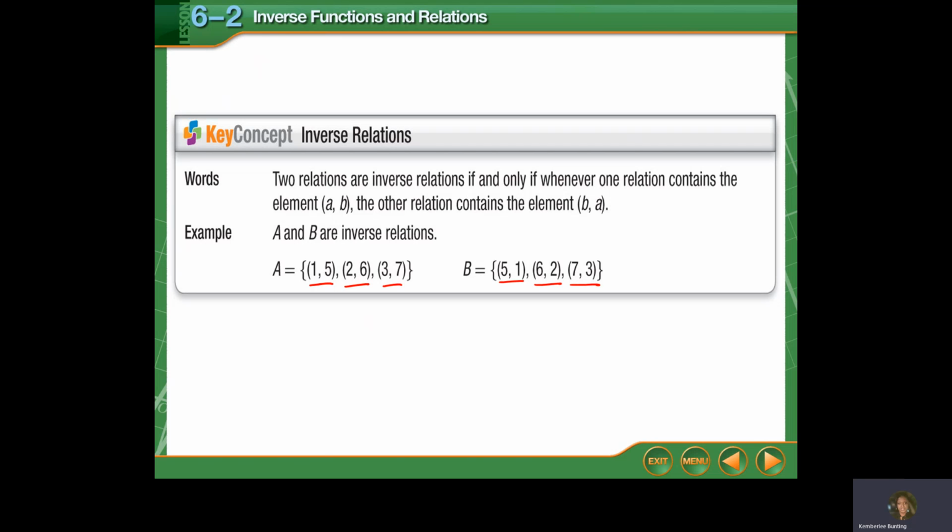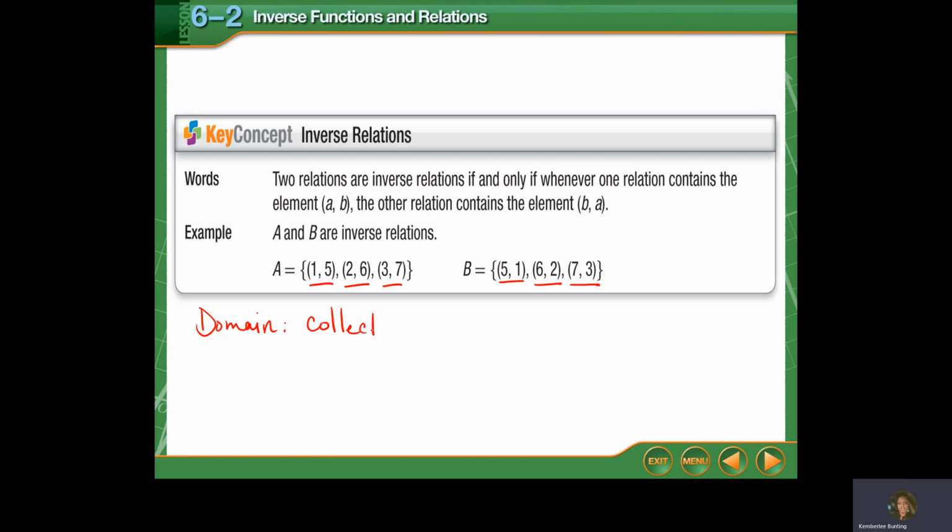Anybody? What is the domain of a function? Domain and range. I'll give you a hint, X and Y. What is the domain? Domain is the collection of all X values.